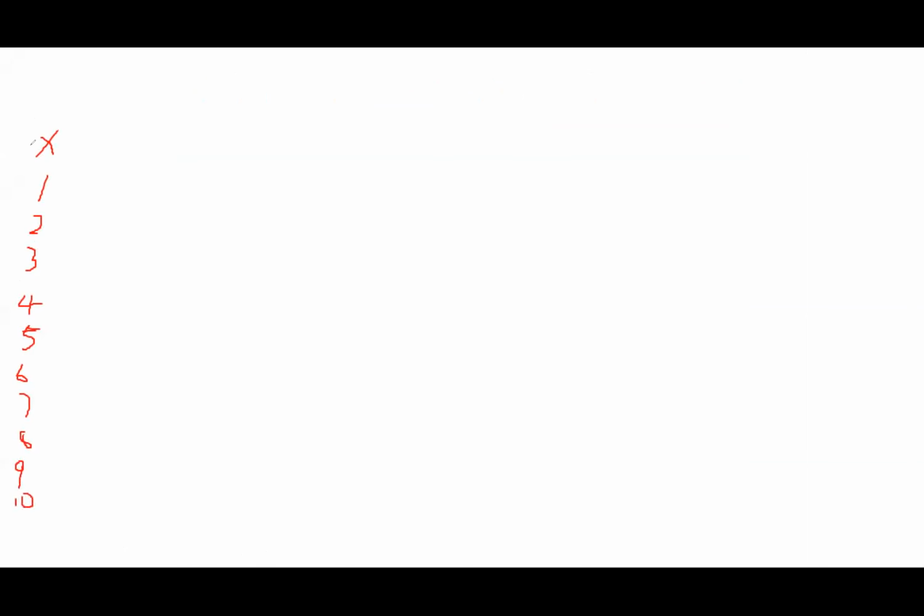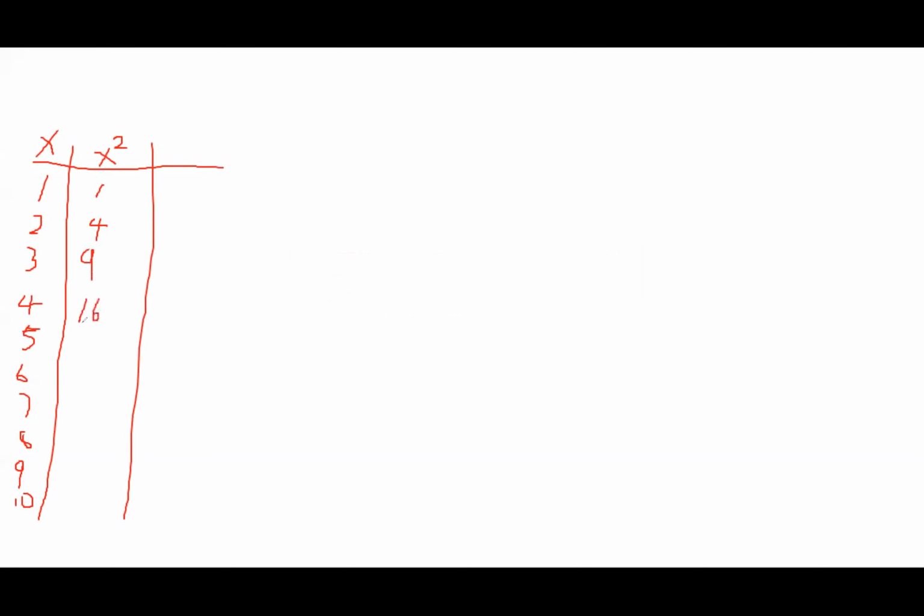Say you want to find the square of each of them. This one will be 1, this one 4, then 9, 16, 25, 36, 49, 64, 81, then 100. You have transformed it.